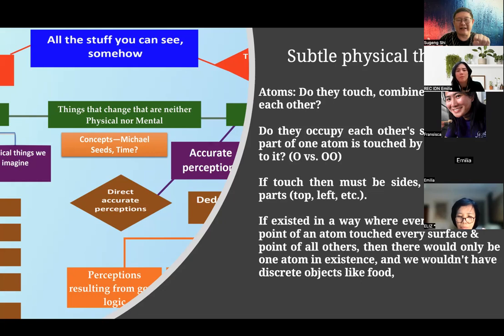If they touch each other and not the whole atom collapsing into each other, then we say the atom must have sides. And that means they have parts. That means the definition of atom is incorrect. Otherwise, every surface and point of an atom should touch the surface and point of all parts of the other atom.